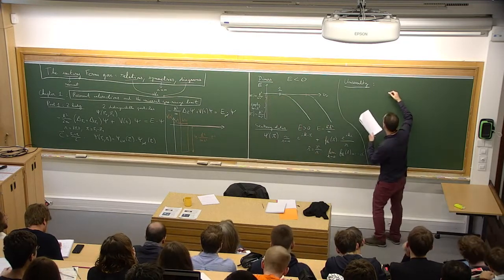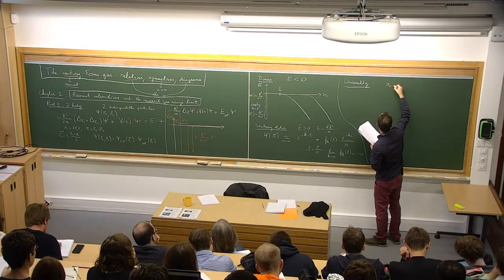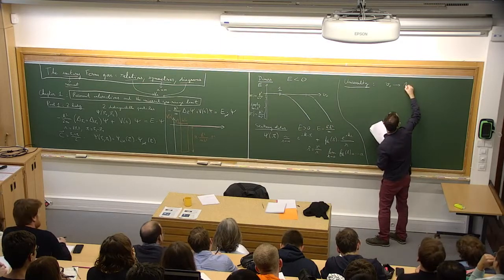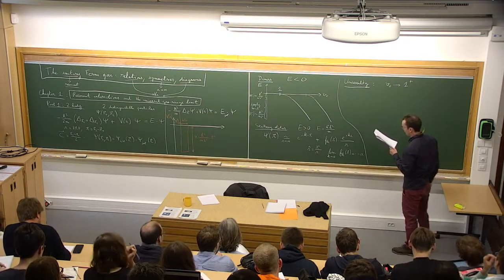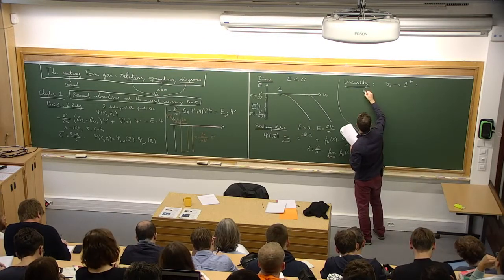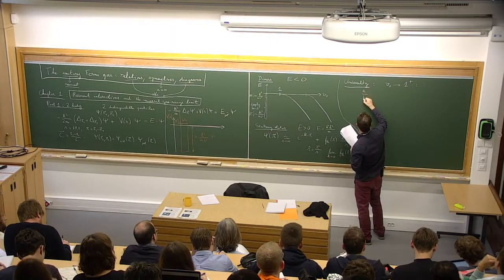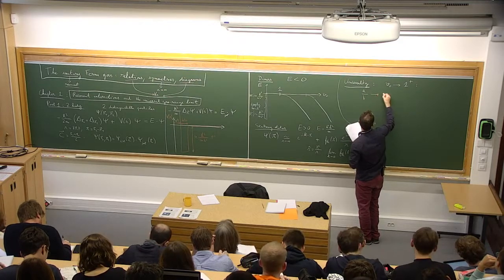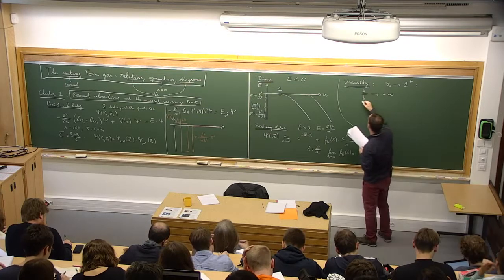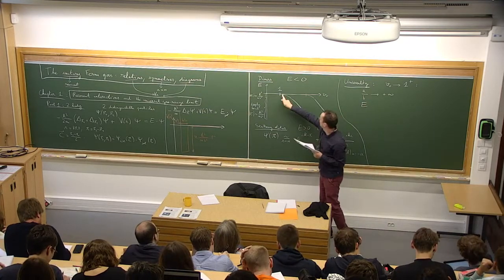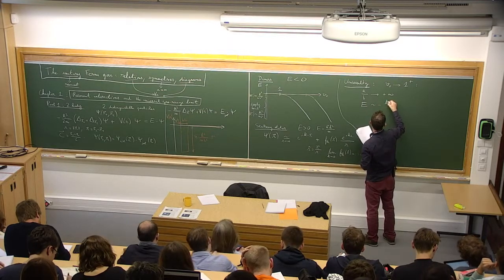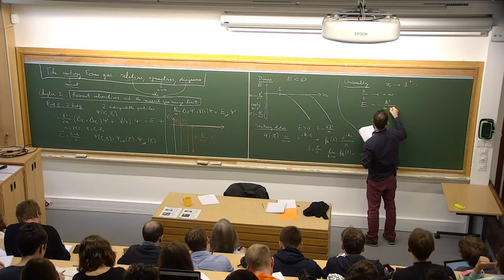So if we consider the limit where V0 is slightly above 1, V0 goes to 1 plus, then what happens is that the scattering length divided by the range B goes to plus infinity, and the binding energy of the dimer goes like minus h bar squared over m a squared.